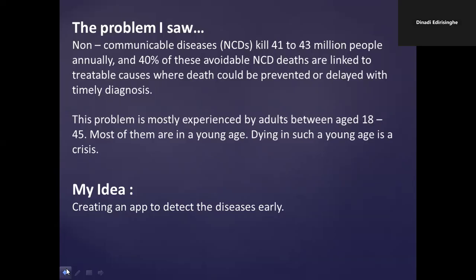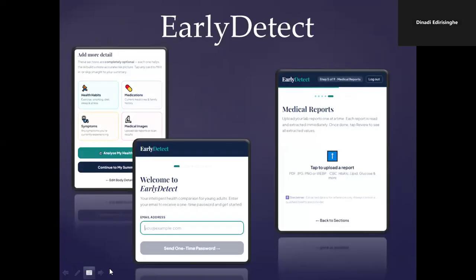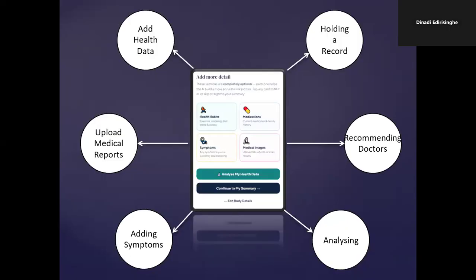So, my idea is to create an app to detect diseases early. My app is called EarlyDetect. Before showing you my app, I want to show you the application's capabilities. In this app, you can add health data, upload medical reports, and add symptoms.